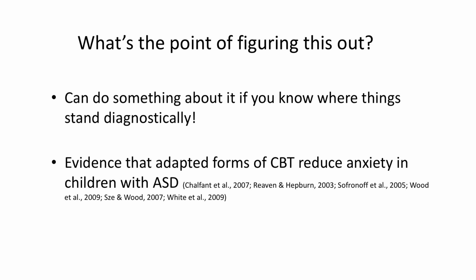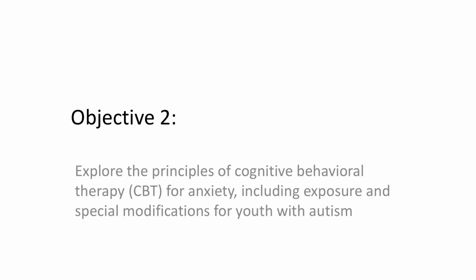So the first part is knowing that it's significant anxiety to be able to refer and recommend the next steps. And also, the big point is that there's evidence that adapted forms of cognitive behavioral therapy can reduce anxiety in children with autism. So that's why we really want to understand, is this clinically significant anxiety, so that we can get to the next point of what can we do about this, and can we help reduce those symptoms.